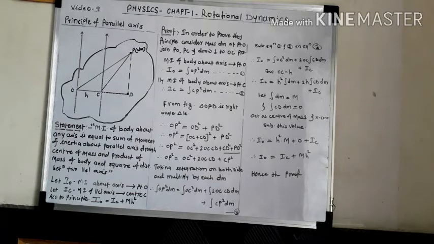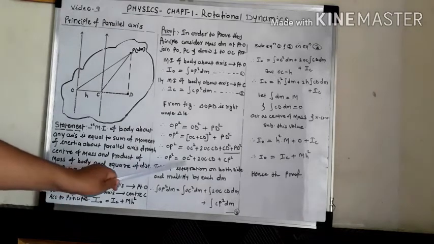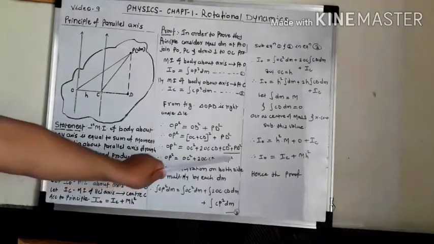This is the hypotenuse. Therefore, the OP square is equal to OC square plus twice OC into CD plus CP square.